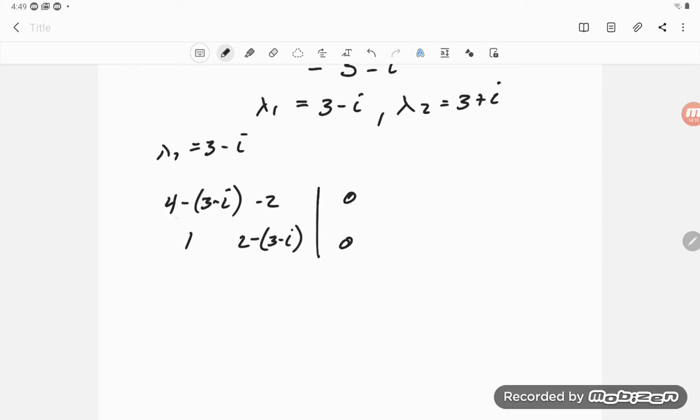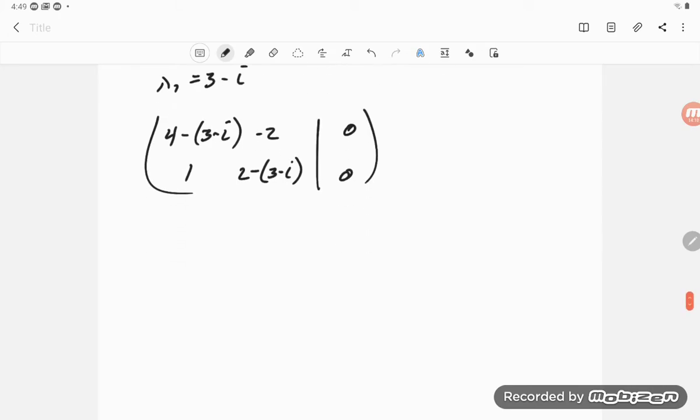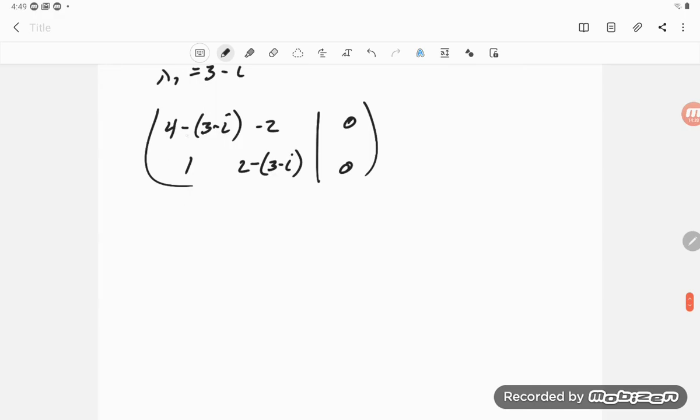And we'll augment that with 0, 0. So just doing the subtractions, we get 1 minus i and a negative 2 and a 1 and a, what is that, a minus 1 plus i in zeros.